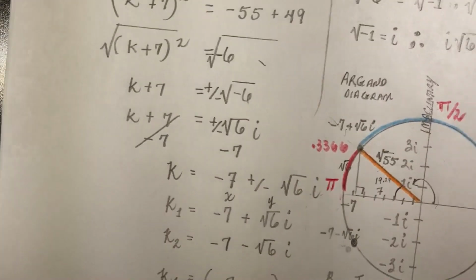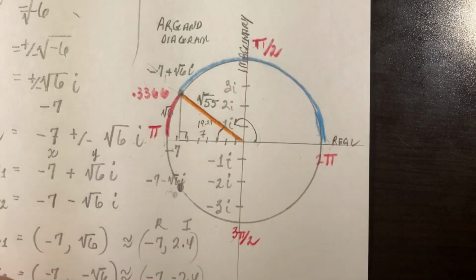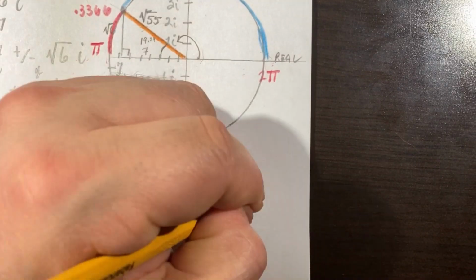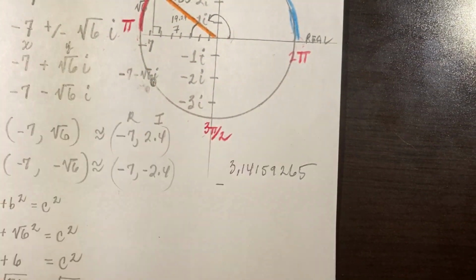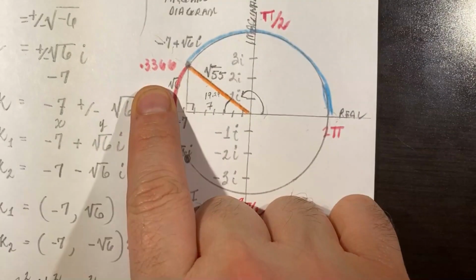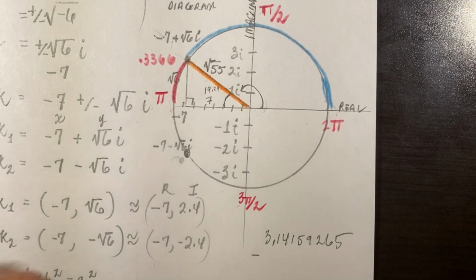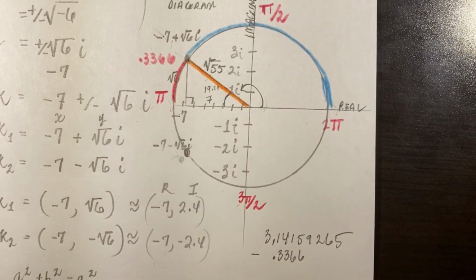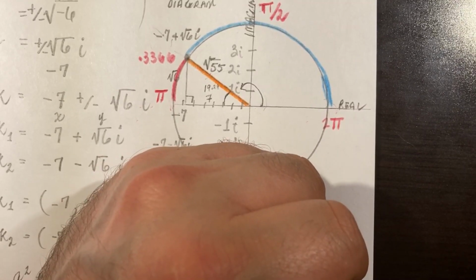So if you want to know that arc measure, you just take pi, which we can approximate as 3.14159265, and what you would subtract out of it is that radian measure that you got, 0.336609879.